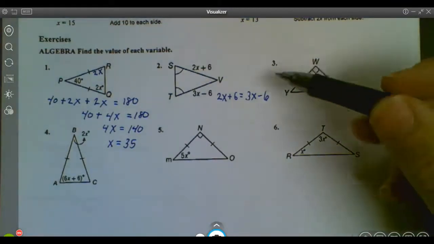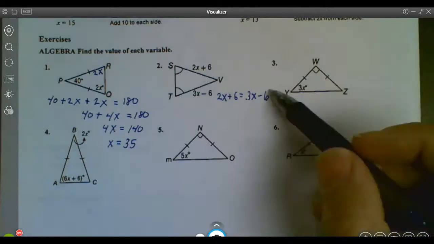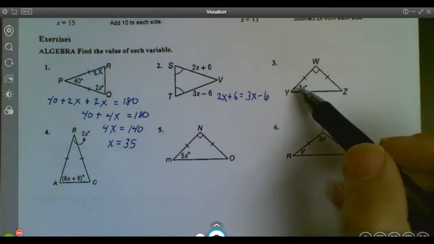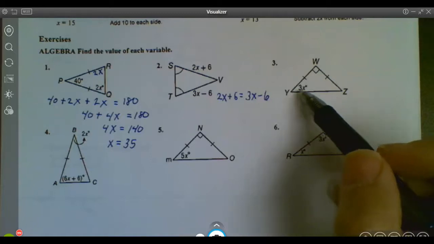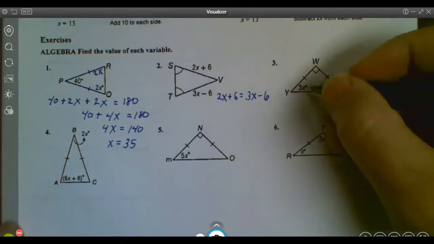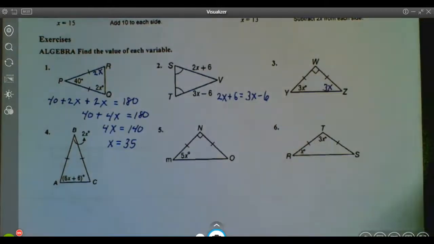So let's take a look at number 3 here. How could we set up an equation for this one? This will look a little more like number 1 did. So here are the two sides that I know, which must mean that angle y is congruent to angle z. That's the isosceles triangle theorem. So if that's 3x, then this must also be 3x.